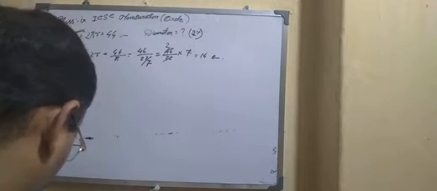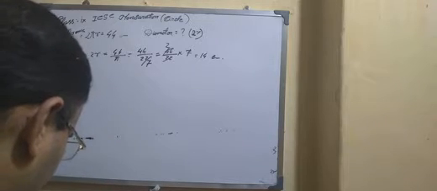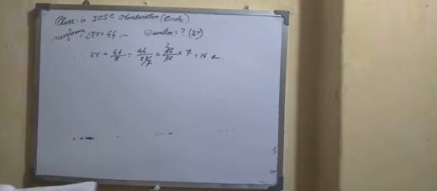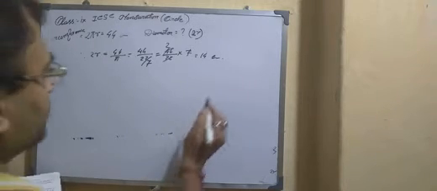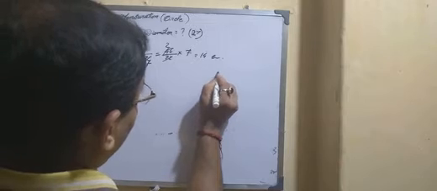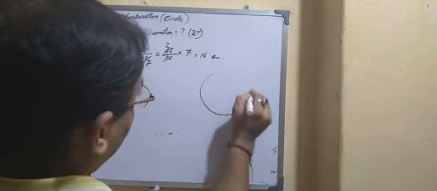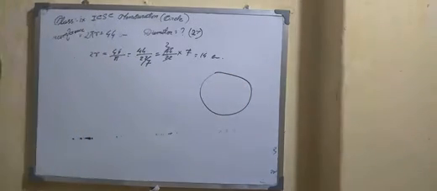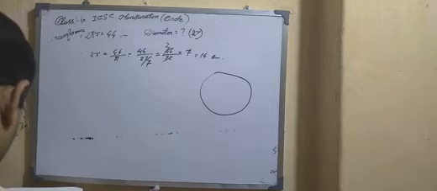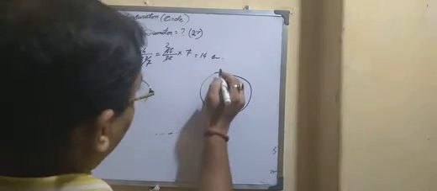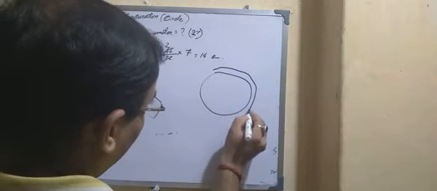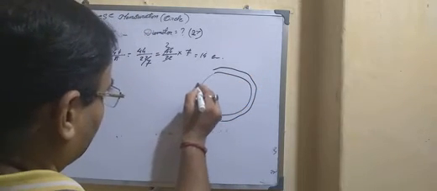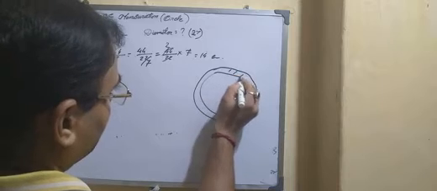Find the cost of paving the road at rupees 50 per meter square. Okay, that means a circular plot. Assume this is a circular plot, and there is a road 3.5 meter wide. So that means this is the road here.